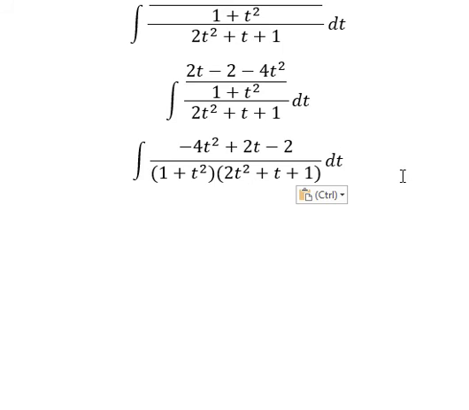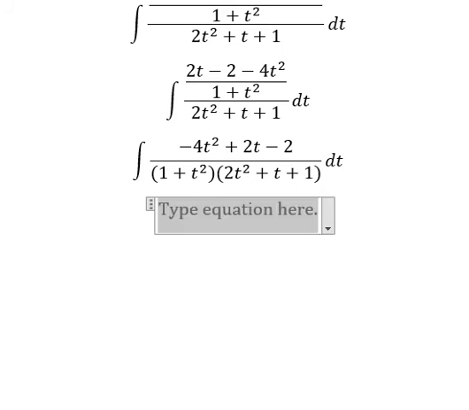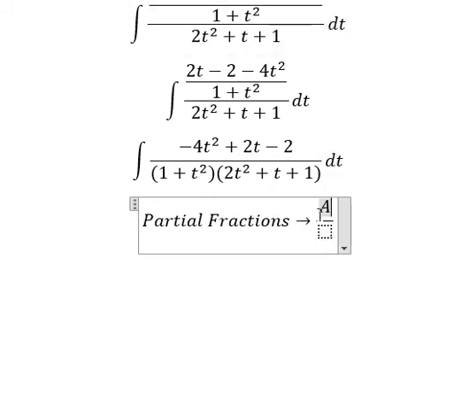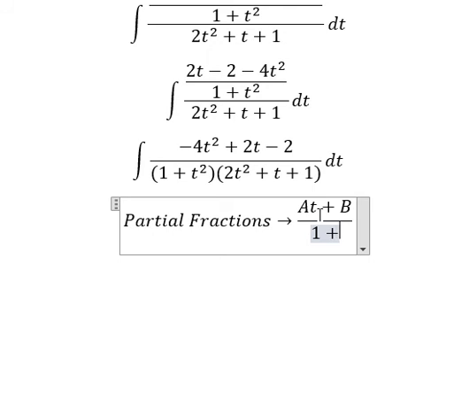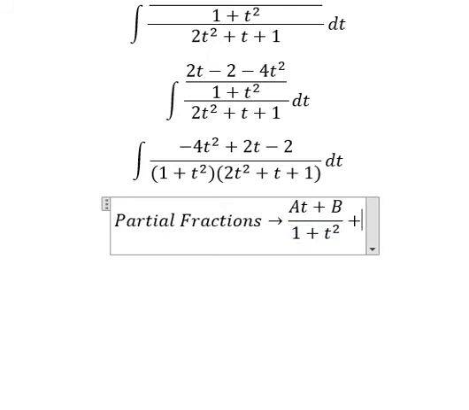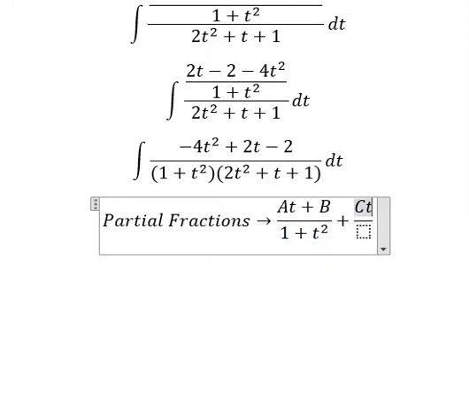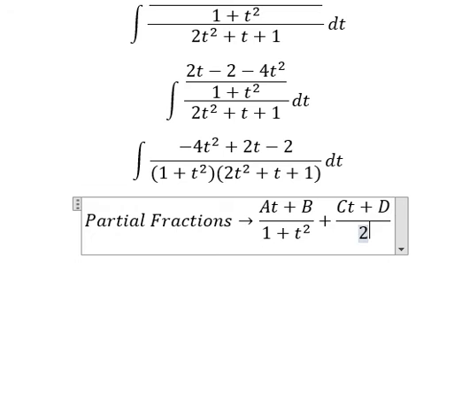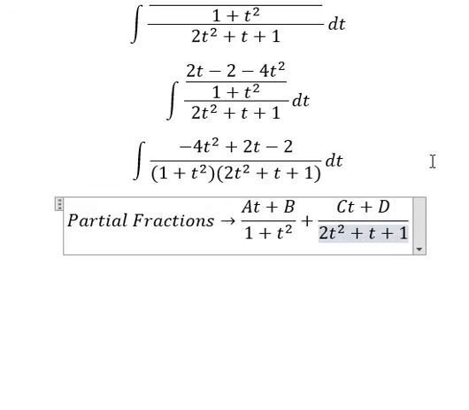Now we do partial fractions. So I will put at plus b over 1 plus t squared. And we have ct plus d over 2t squared plus t plus 1.